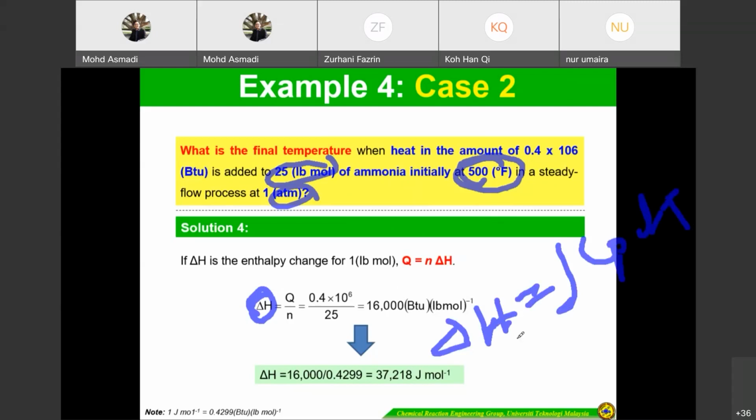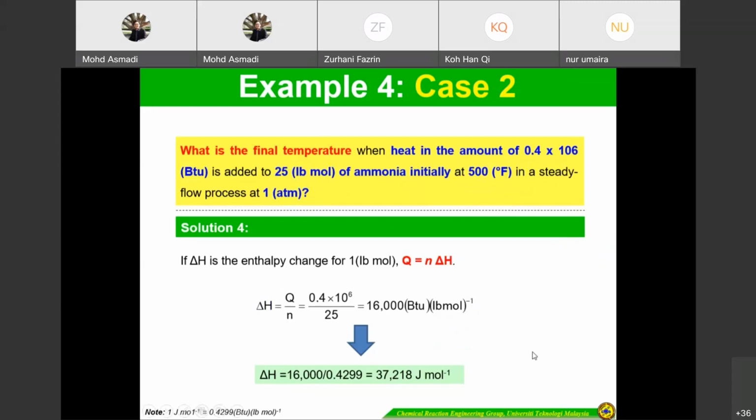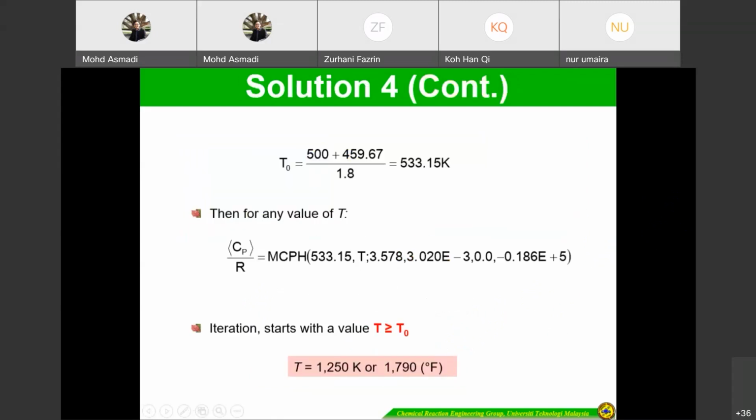This is for case 2. We rearrange in terms of Cp dT. MCPH is actually for the mathematical calculation if you use the software. Actually it's the mean heat capacity, MCP, for the enthalpy.